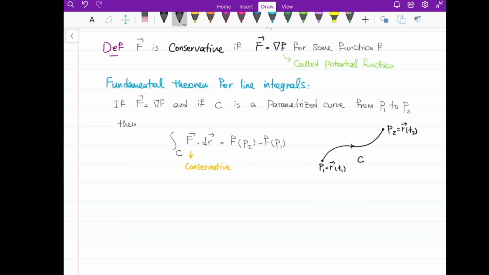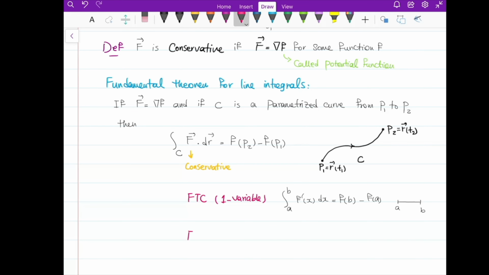Okay, so if I want to go back to the fundamental theorem of calculus for a one variable function, it was like this. If you remember, the integral over an interval from a to b of f prime of x dx was f of b, the end point of the interval, minus f of a. That was the fundamental theorem of calculus.